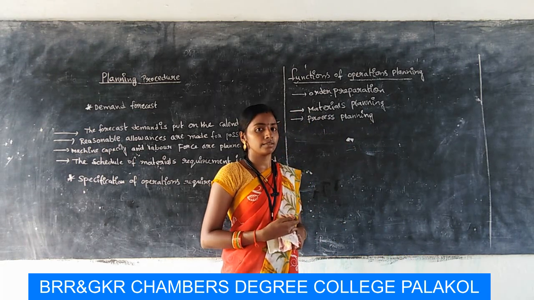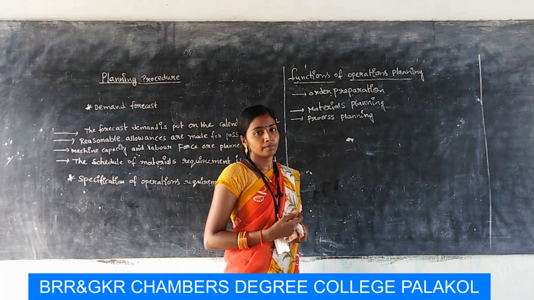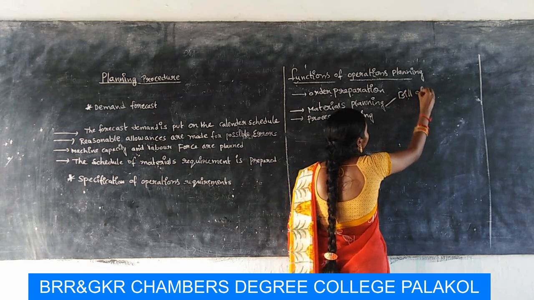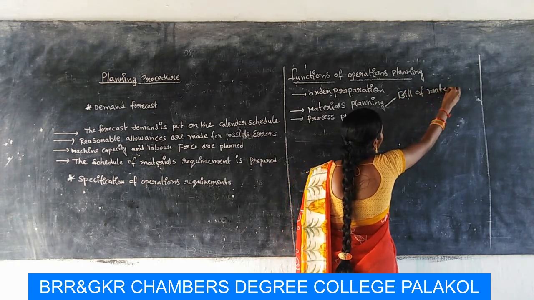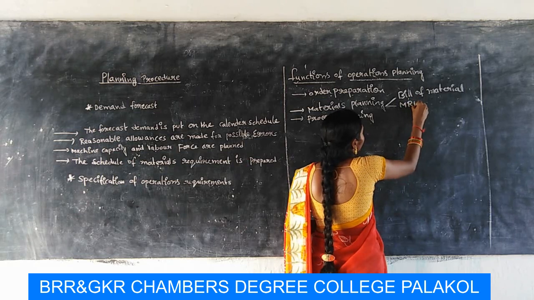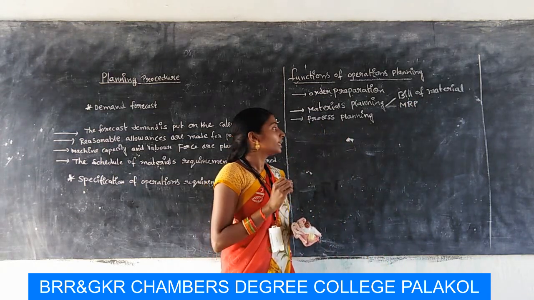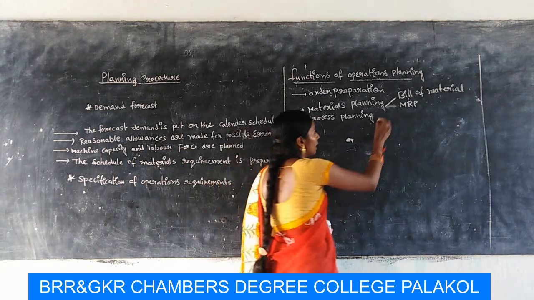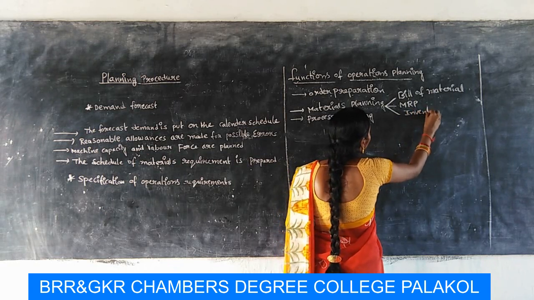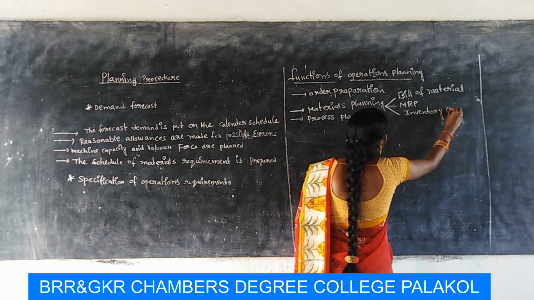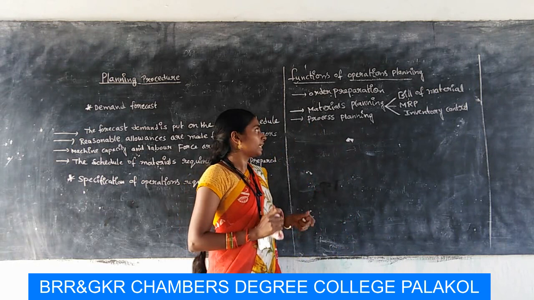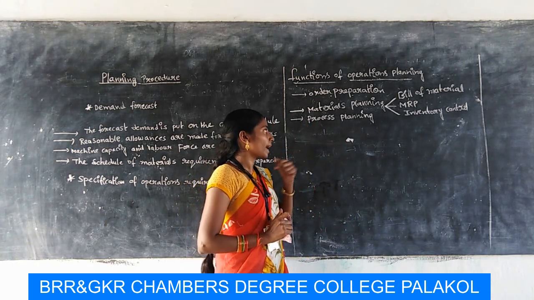There are some techniques for materials planning: bill of materials, MRP, which stands for Material Requirement Planning, and inventory control. These are the different techniques which we use in materials planning.